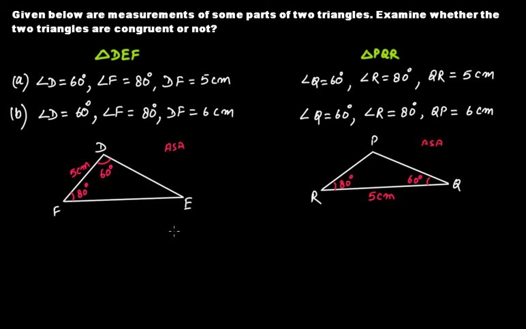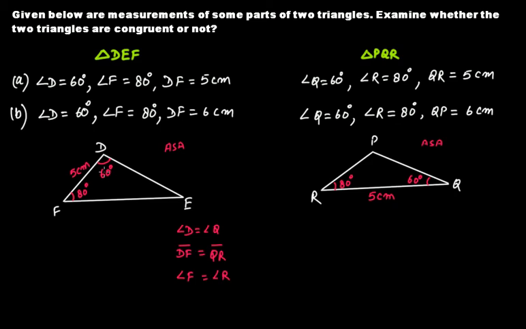Okay, angle D is equal to angle Q is equal to 60 degrees. Then DF is equal to QR. Then angle F is equal to angle R is equal to 80 degrees.